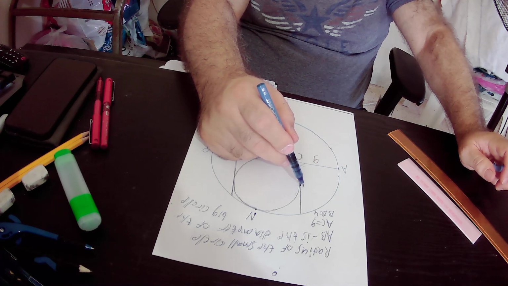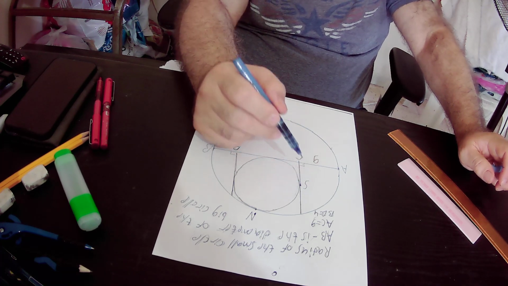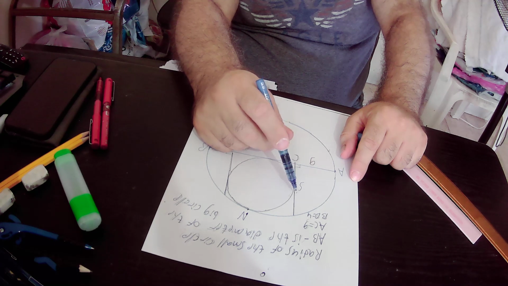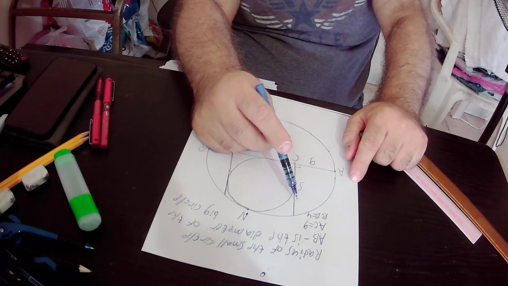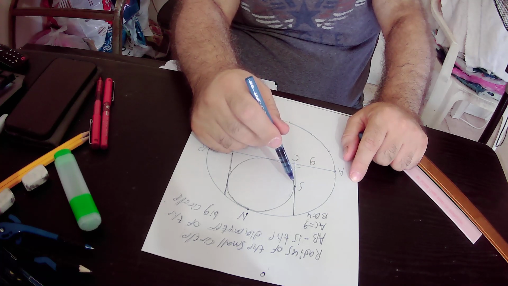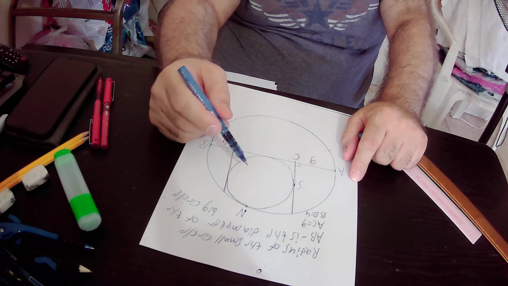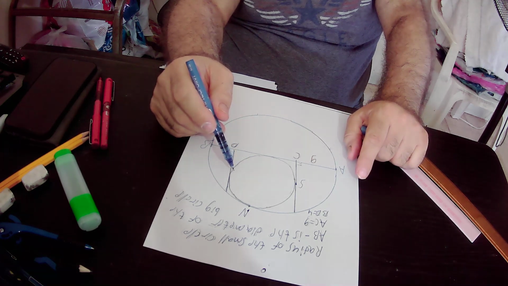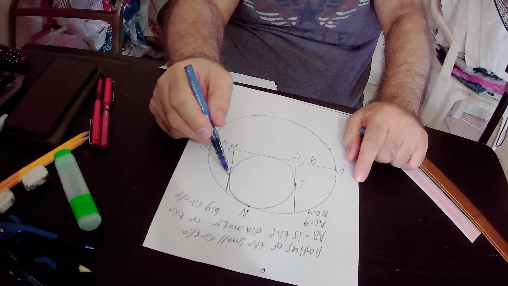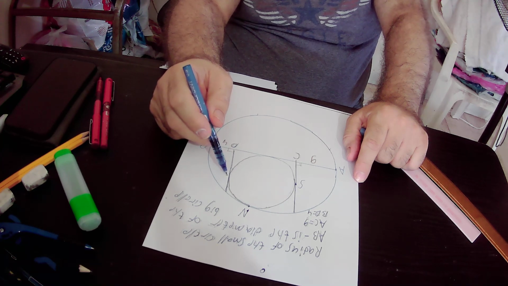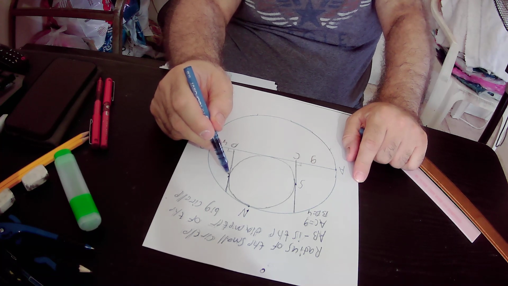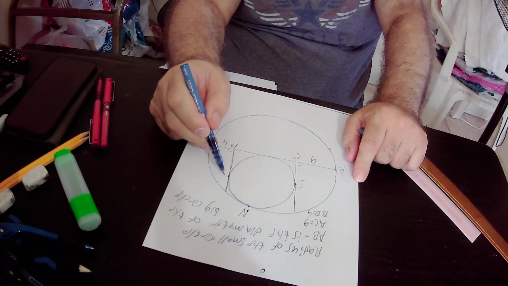Let's call this point S. Point S is the point of tangency between the tangent and the circle, and we also have the second point of tangency between the tangent and the circle at this point. Let's call this point Z.